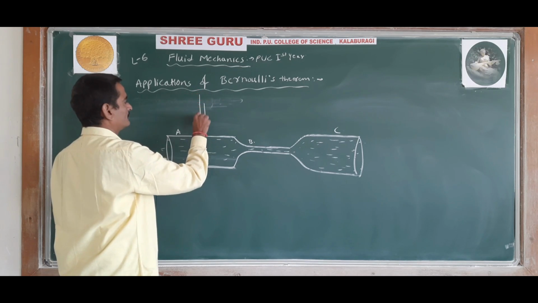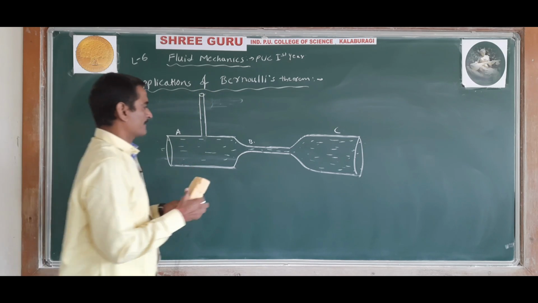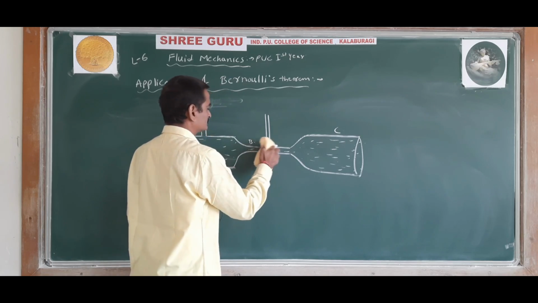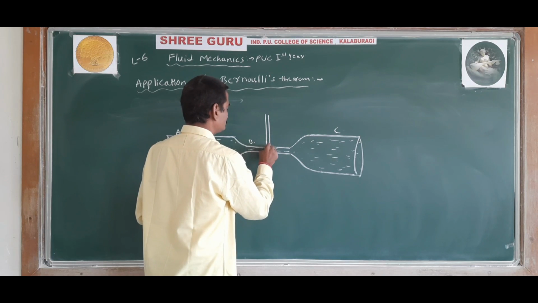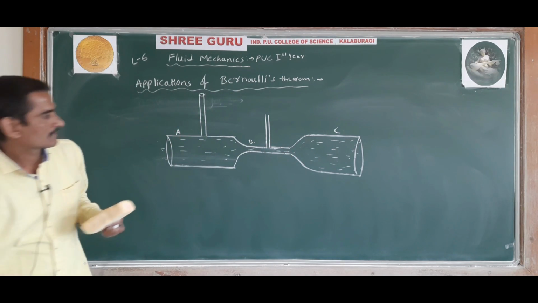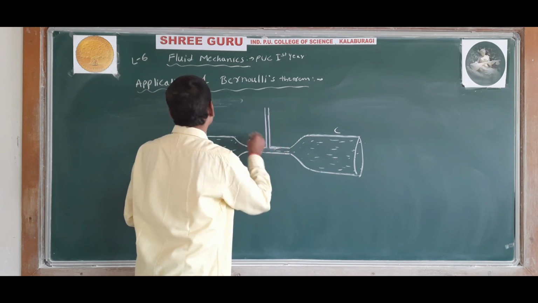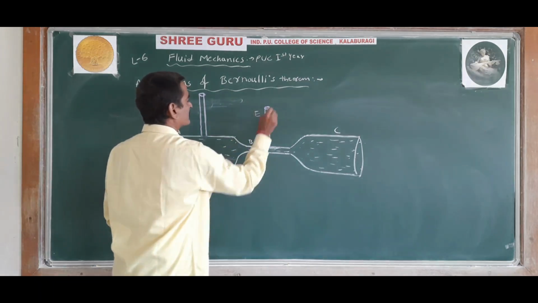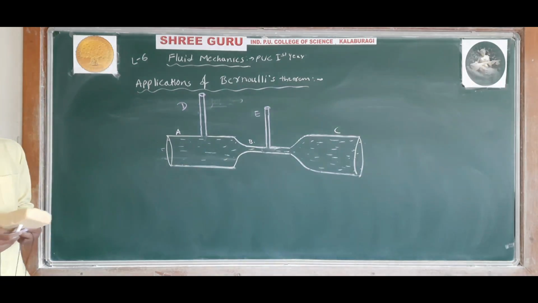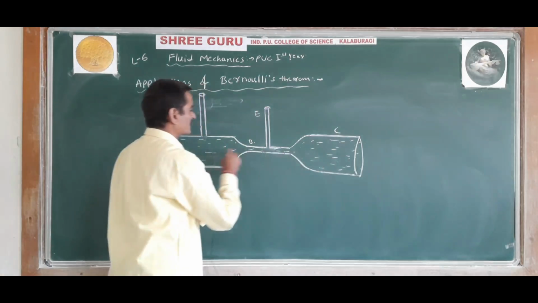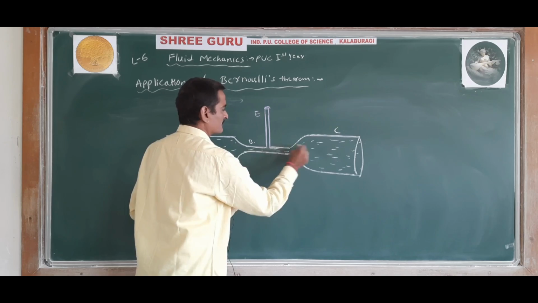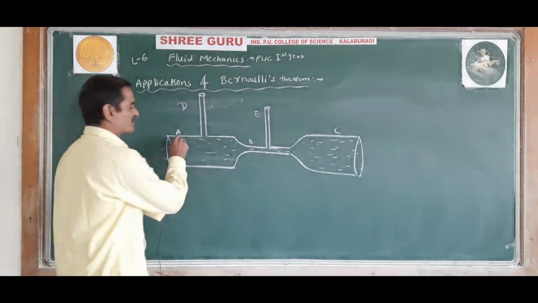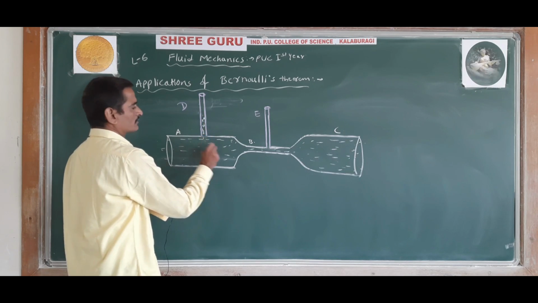One vertical tube is connected to the tube A, and another vertical tube is connected to the smaller tube B. This one is D, this one is E. So a Venturimeter consists of two larger tubes A and C connected with a narrow tube B, and two vertical tubes D and E are inserted to measure the pressure. So this will give the pressure.